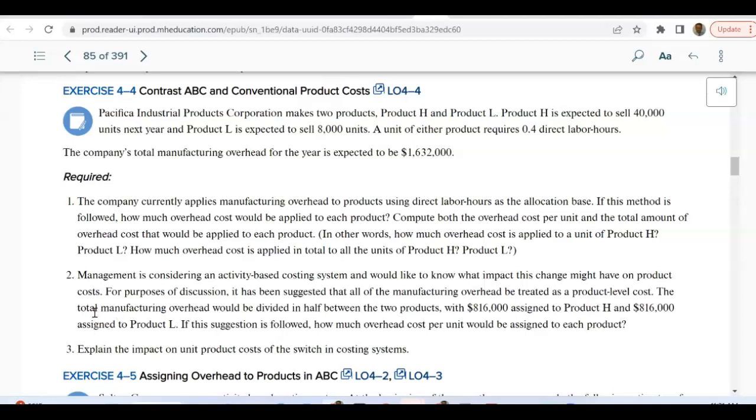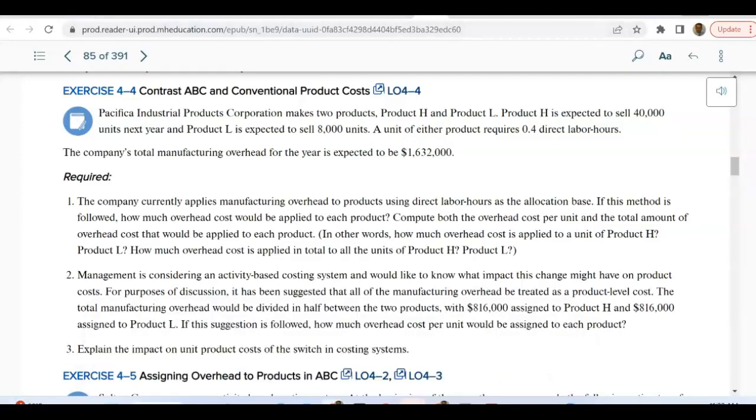The total manufacturing overhead would be divided in half between the two products, with $816,000 assigned to product H and $816,000 assigned to product L. If this suggestion is followed, how much overhead cost per unit would be assigned to each product? Explain the impact on unit product cost of the switch in costing system.